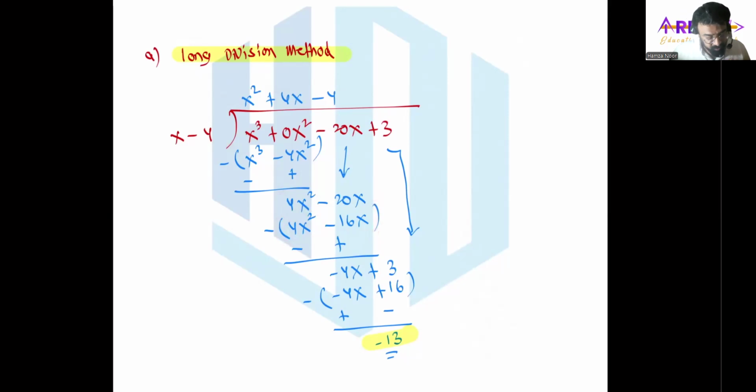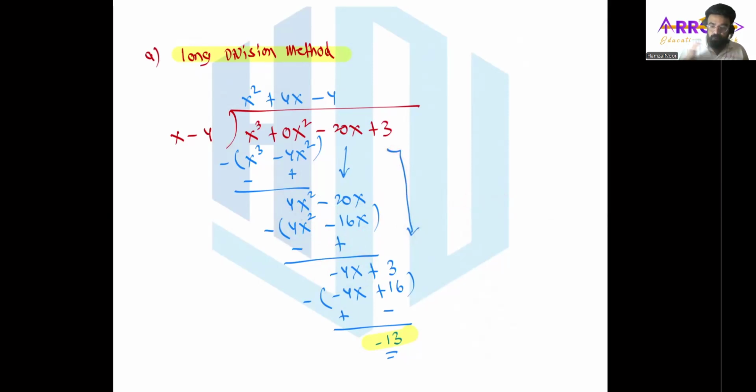All right. So 4x square minus 4x square got cancelled out, eliminated. And the sign of minus 16x becomes positive, so this becomes positive 16x. Now in minus 20x, 16x is being added. So this will give you minus 4x. And then 3 will be carried as it is over here.